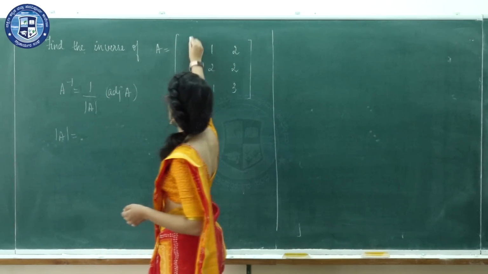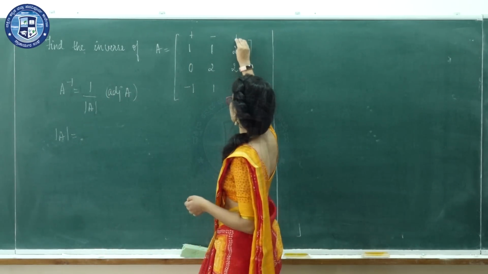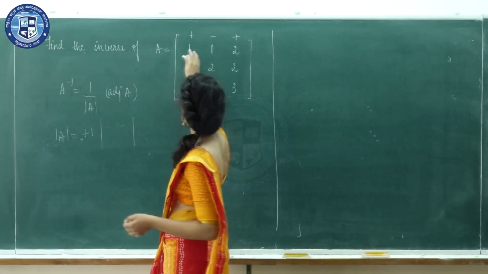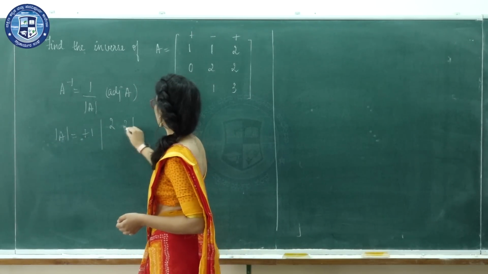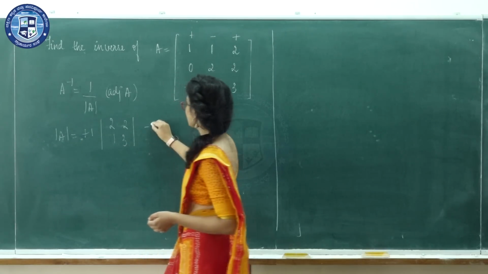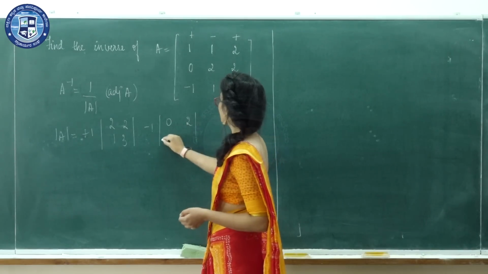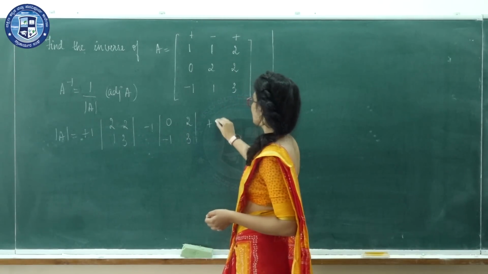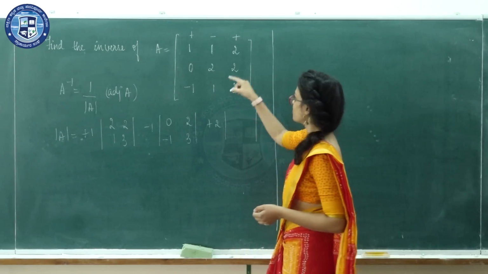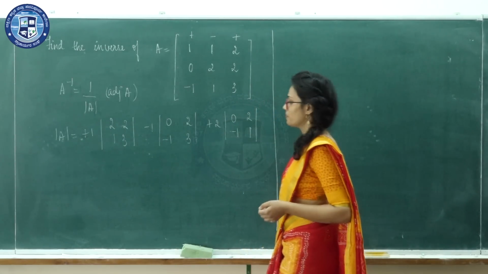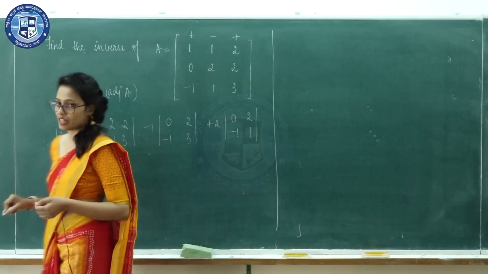Determinant of A is equal to, let us assign the signs. So plus 1 into determinant of 2, 2, 1, 3, minus 1 into determinant of 0, 2, minus 1, 3, plus 2 into determinant of 0, 2, minus 1, 1. Okay. So let us calculate the value.